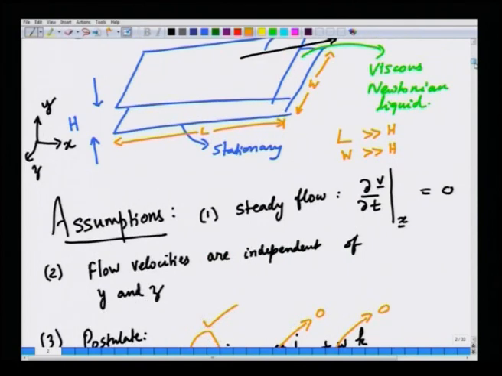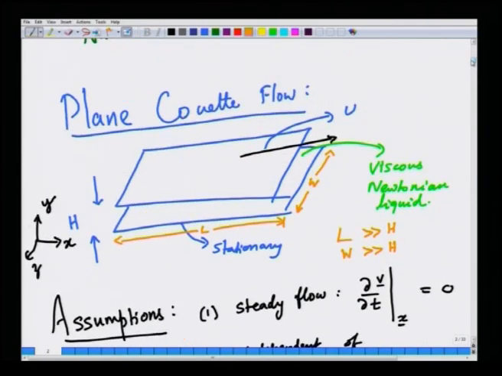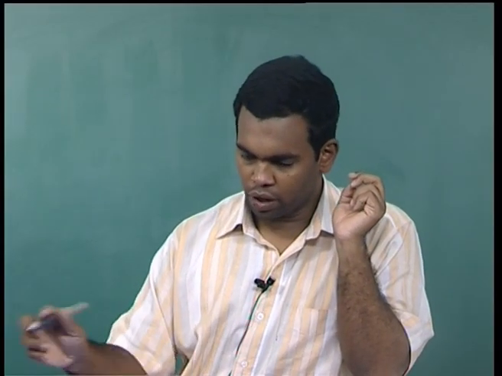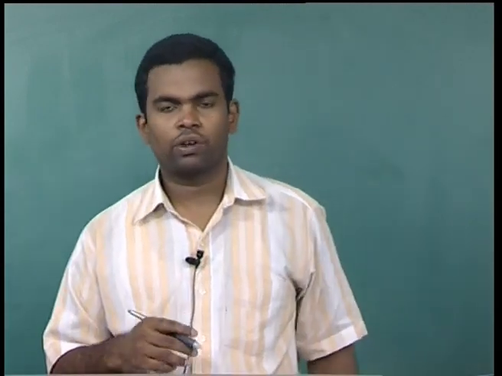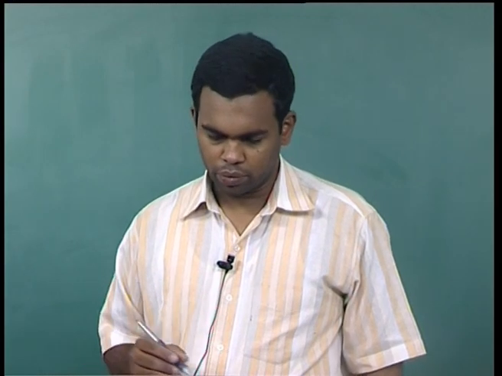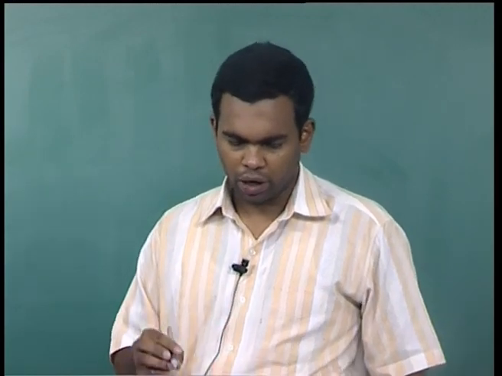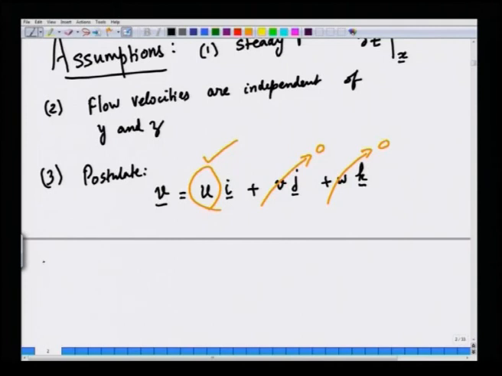This is a physical assumption that we are making, and it is motivated by the fact that the top plate is dragging the fluid in the plus x direction, and since there are no other driving forces, there is no reason for us to believe that there will be flow in the other two directions. This is an assumption, and these can be checked for consistency later. So, these are the three main assumptions that we will make, and the fourth assumption, well, we need not make that assumption.